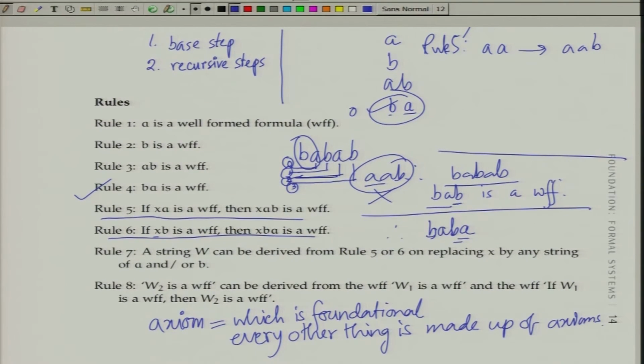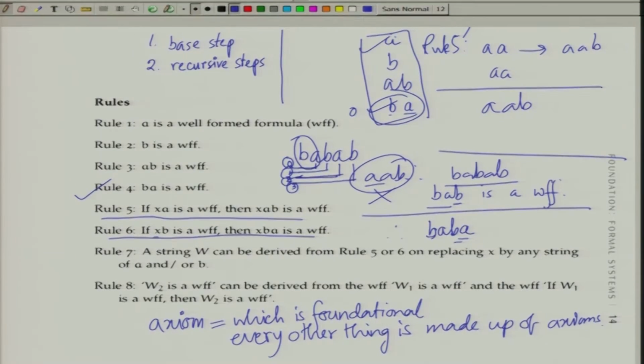Not that this is banned, I can easily do it. This step is fine, so I can use rule 5 for doing this. But in order to derive AAB, I need AA as a given string. Unfortunately, or fortunately actually, AA is not given to me.